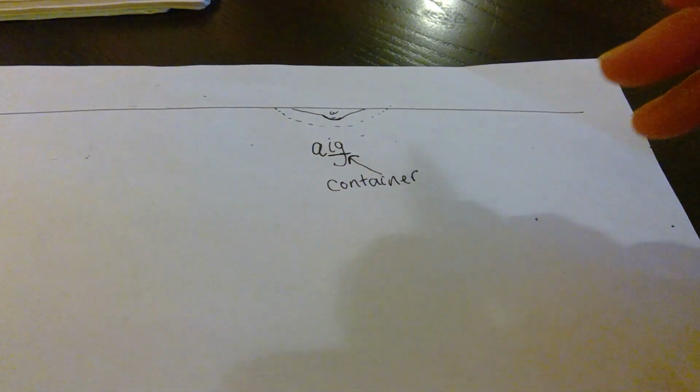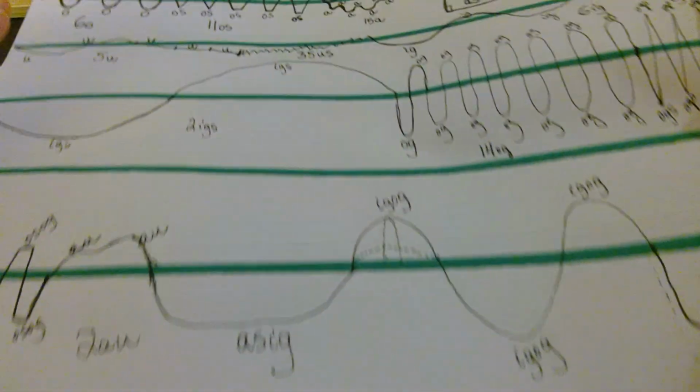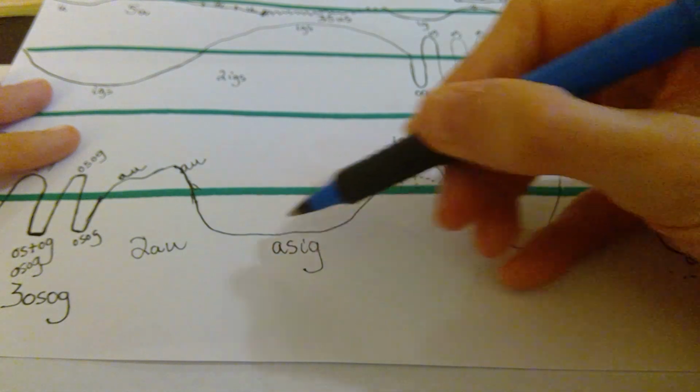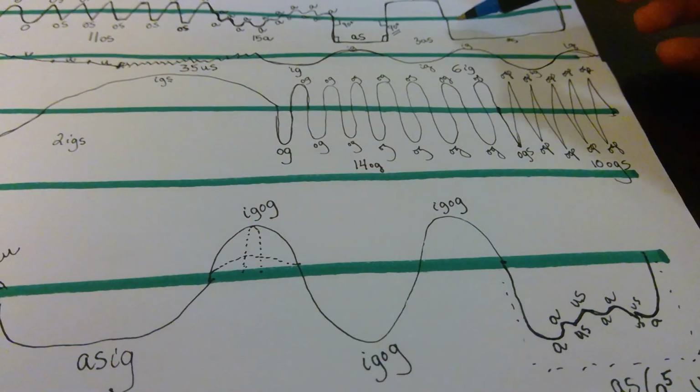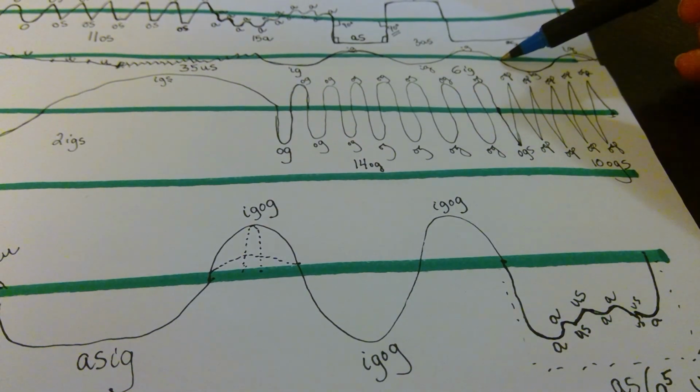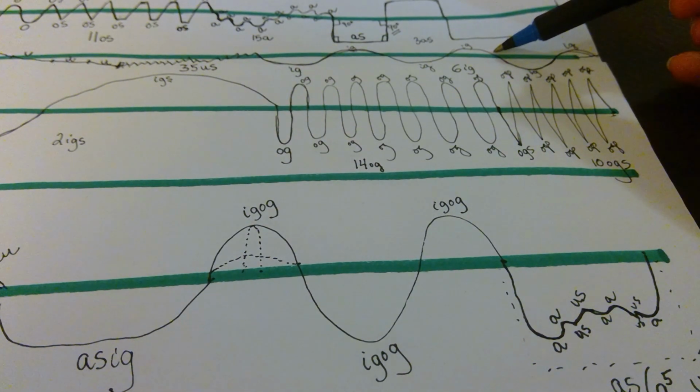So remember back here when we wrote this ASIG, both the strain release and the swaying rhythm are containers individually.